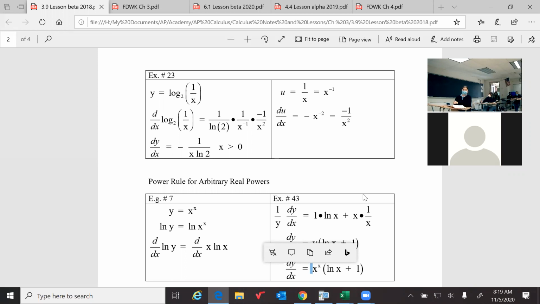What do you get? 1 over the natural log of the base, times 1 over u. 1 over x to the negative 1 is essentially x. And we're going to multiply times this derivative. So you have an x up here, which reduces with one of the x's in the derivative. I'll just leave you with an x. Negative 1 divided by x ln 2. And x has to be positive.